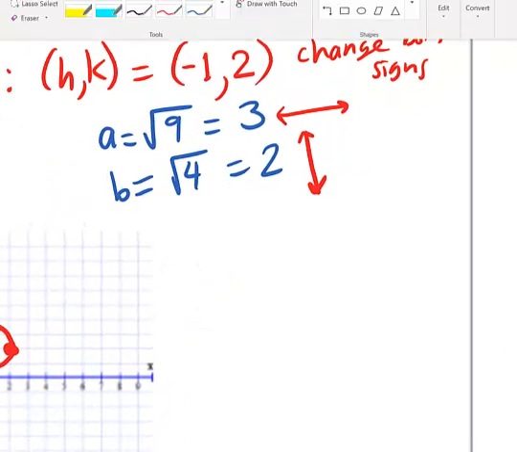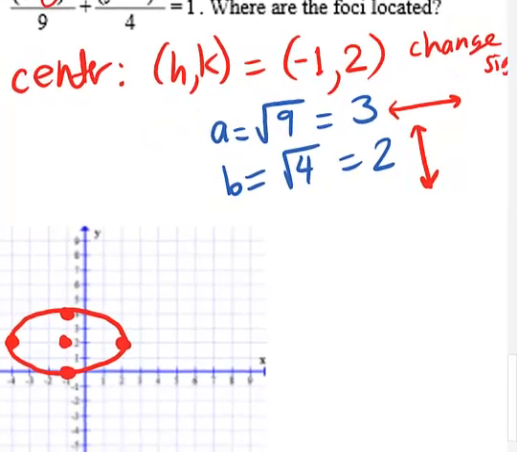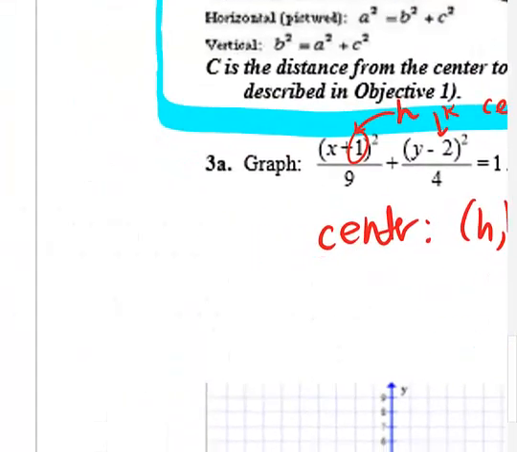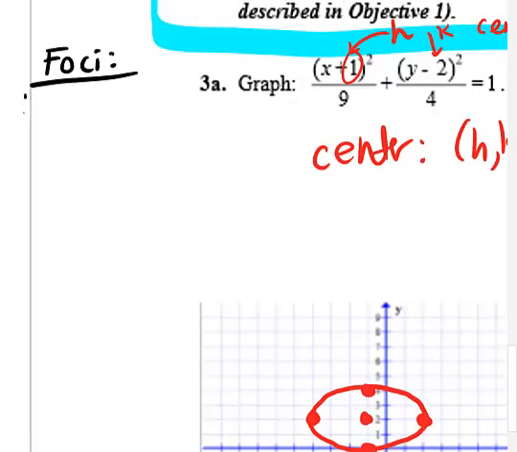And this one, they want to know where the foci are. Foci should be, let's see. It depends if it's a horizontal or vertical ellipse.